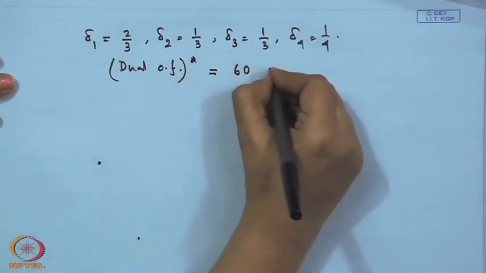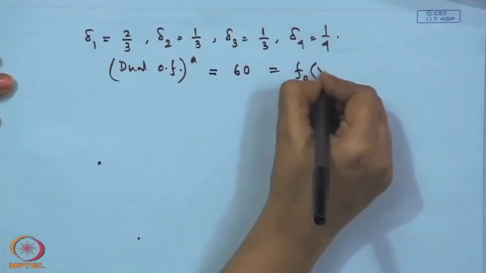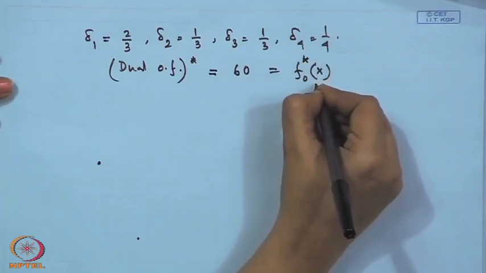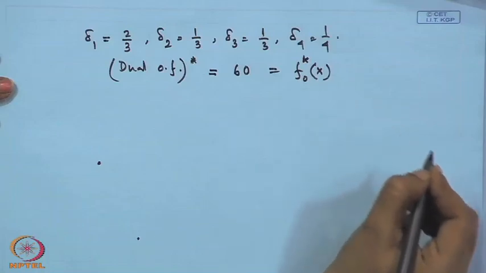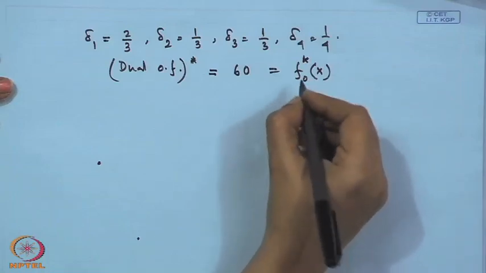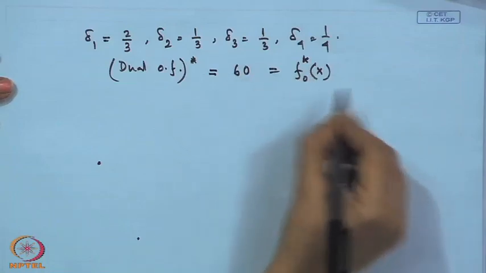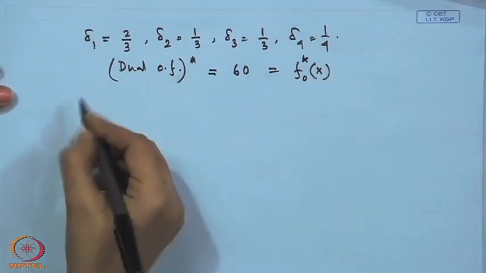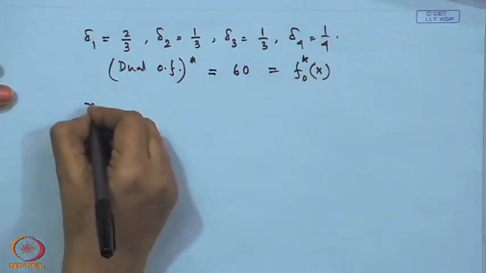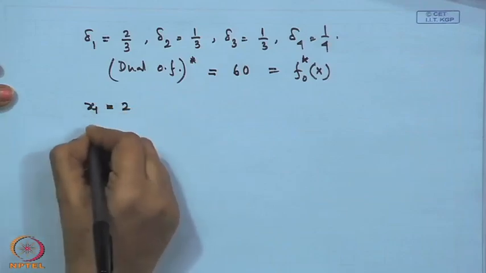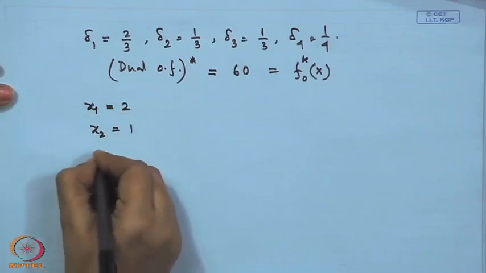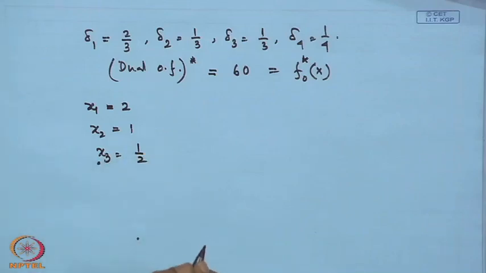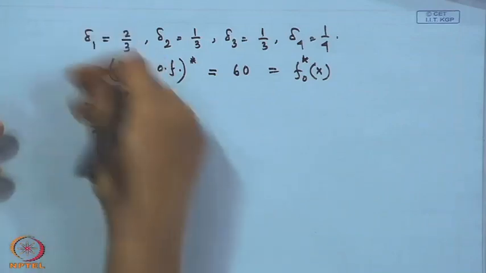This is the same as f0(x star), the optimal value of the objective function of the primal problem. As we did for the unconstrained geometric programming problem, in a similar fashion we can get x1 equal to 2, x2 equal to 1 and x3 equal to half. Thus, the problem is solved. This is the simplest problem, and we got the unique solution.